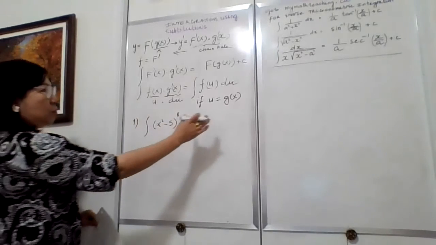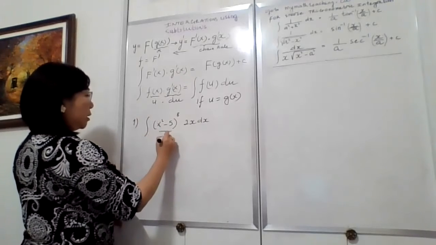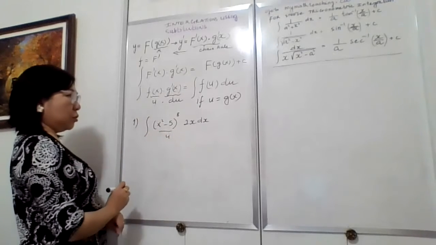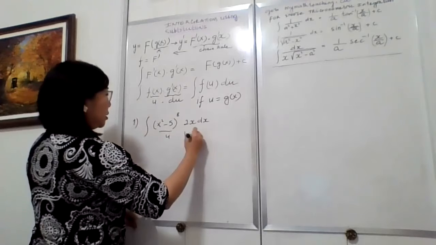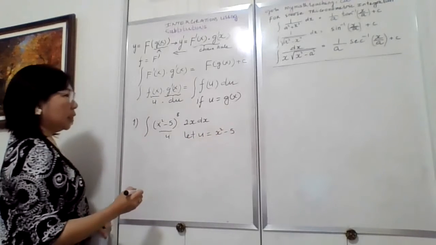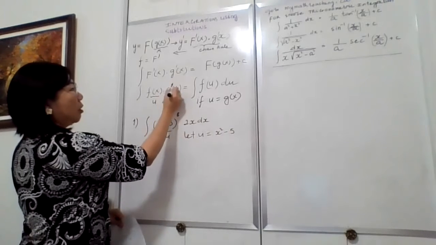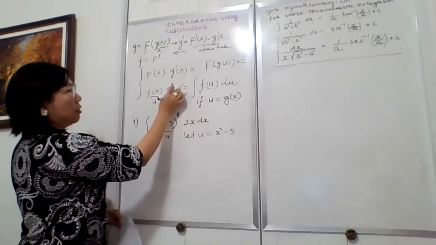Using this technique, we are going to let this big chunk be u. So we say let u equal x squared minus 5. Then we take the derivative of this inner function.